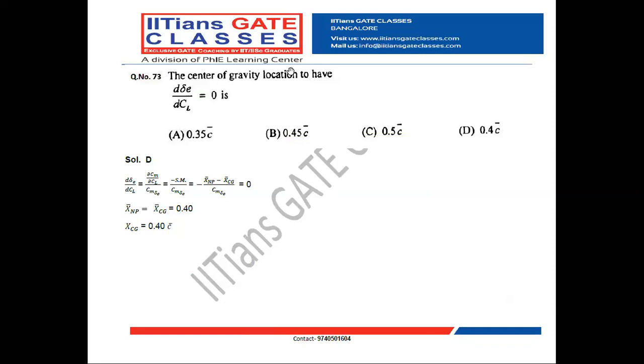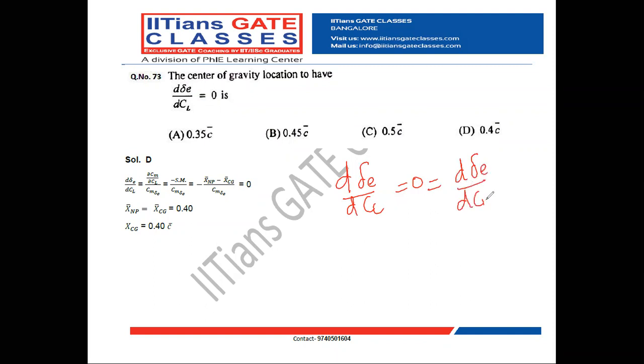So d del E by dCl should be equal to 0, which can be rewritten as d del E by dCm into dCm by dCl, which can be rewritten as 1 by dCm by d del E into dCm by dCl.